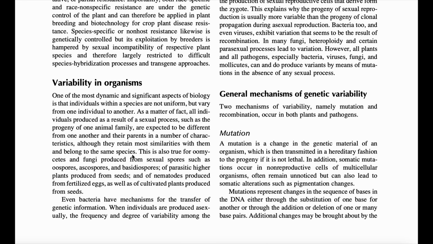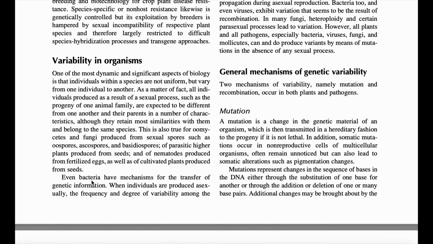Yes, this is also true for oomycetes and fungi produced from sexual spores such as oospores, ascospores and basidiospores, of parasitic higher plants produced from seeds, and the nematodes produced from fertilized eggs, as well as cultivated plants produced from seeds. So even bacteria have mechanisms for the transfer of genetic information.